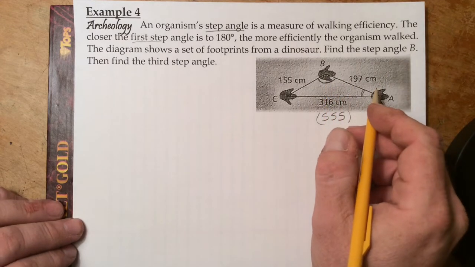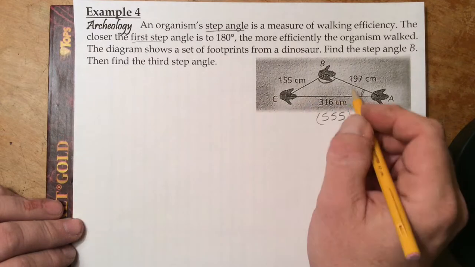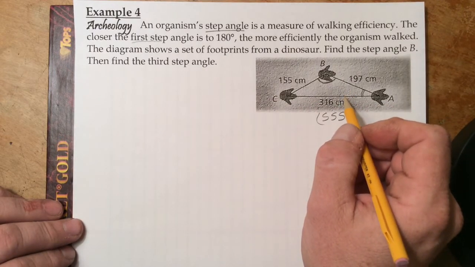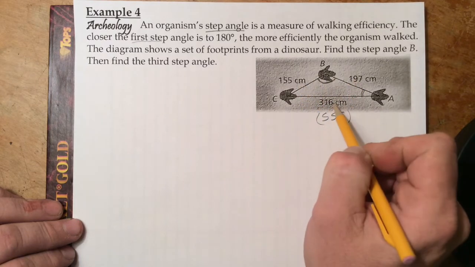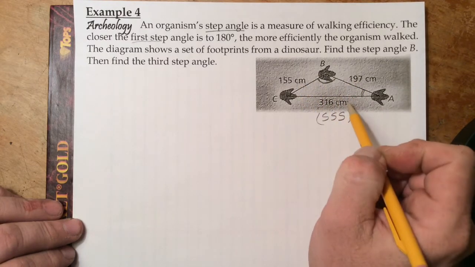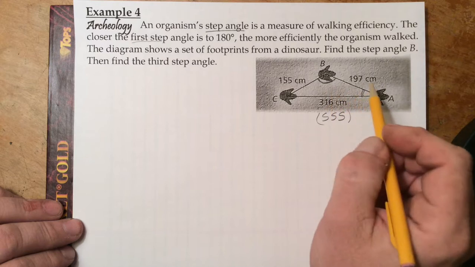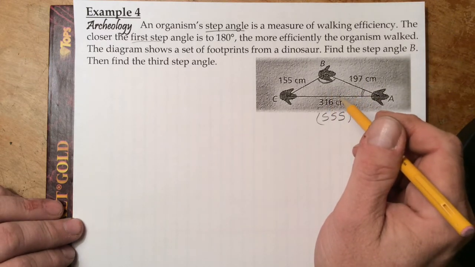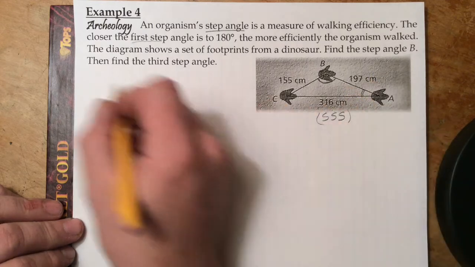So, here we go. If you try to use the law of sines here, it's not going to work because all three sides are here, but none of the angles are here. And in each ratio of the law of sines, there are angles in all three ratios, so we can't use the law of sines.